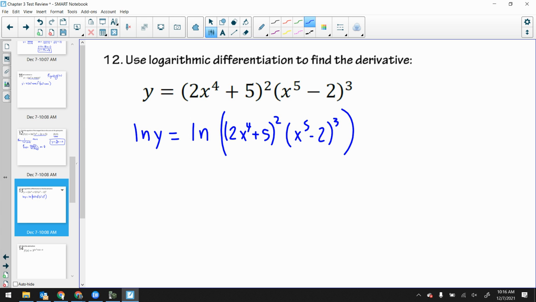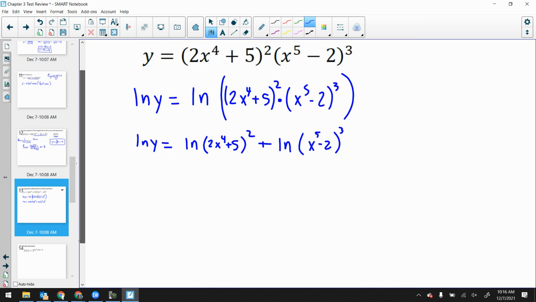And now we start breaking it down. ln of y is equal to ln of 2x to the 4th plus 5 squared. Multiplication on the inside becomes addition of the logs. ln of x to the 5th minus 2 cubed. Powers of a log become products in front.